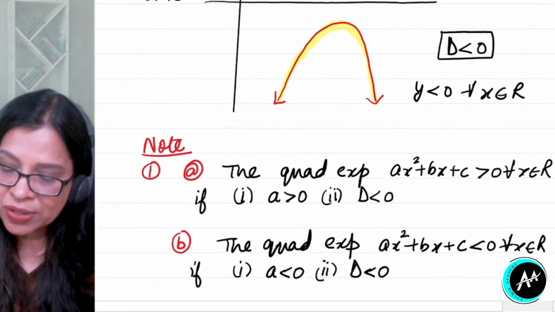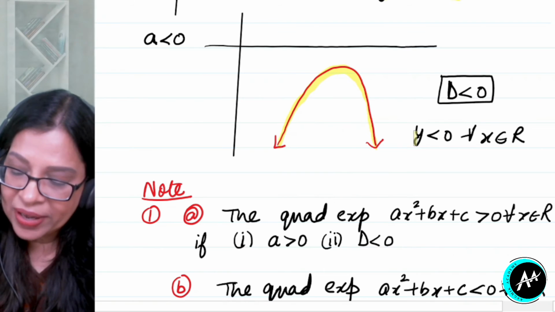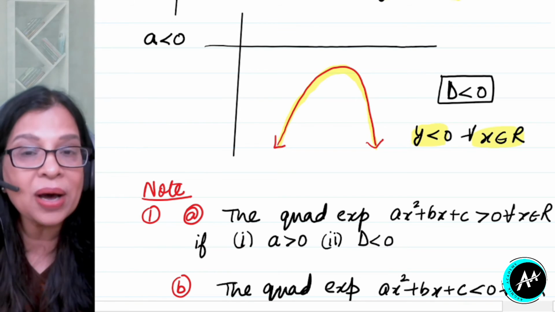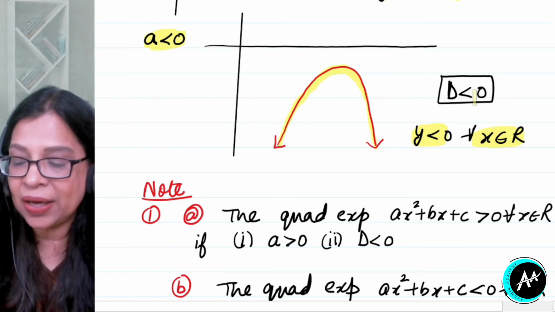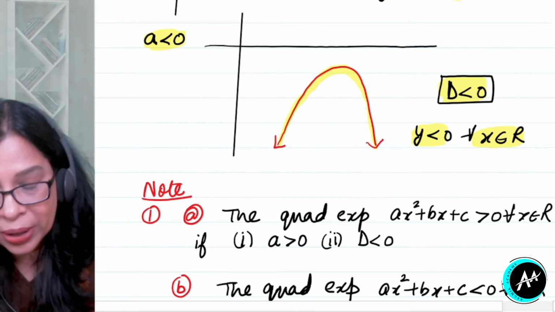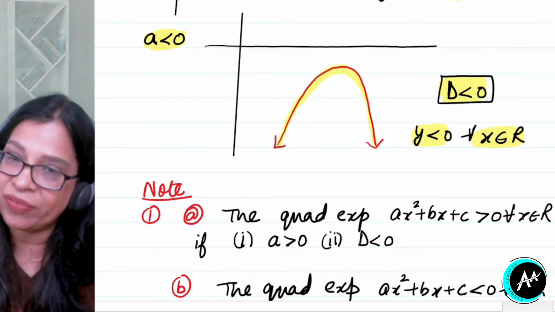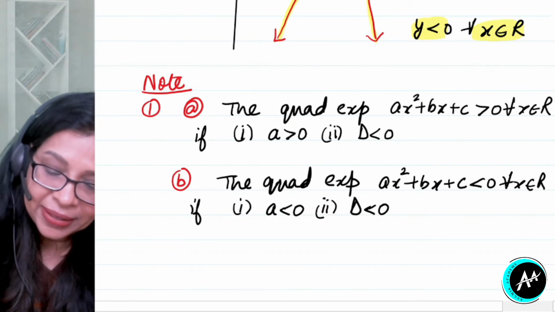Now this is case 2c. Y means quadratic expression, so y is always negative for all x belonging to R when a is negative, as you can see, and d is also negative, है ना. जब a भी negative है, d भी negative, आप देख रहे हो ग्राफ completely below x axis है, मतलब y is always negative. Now what is the other way we can interpret this result?